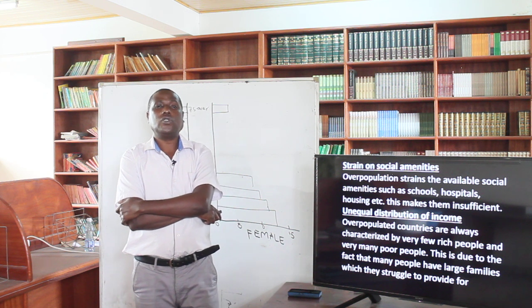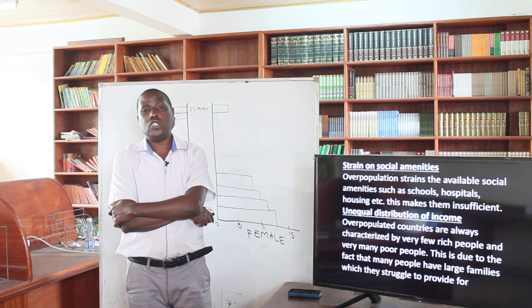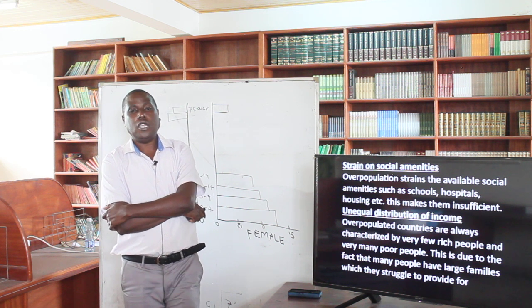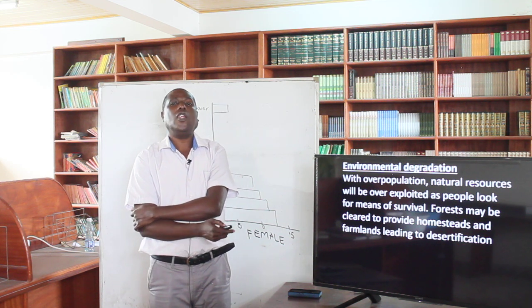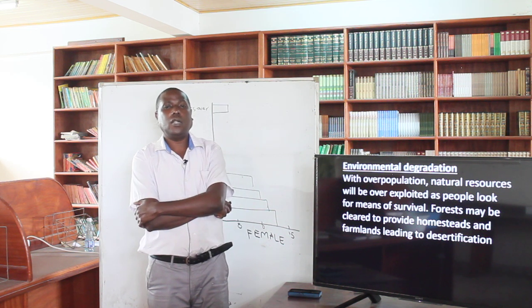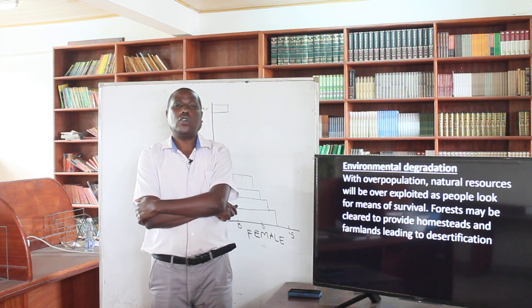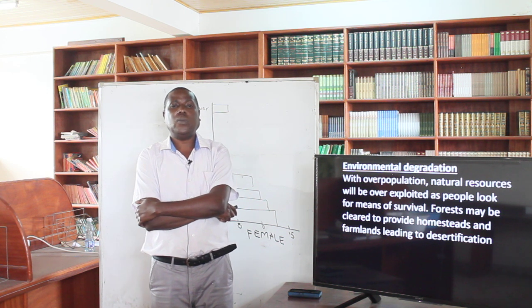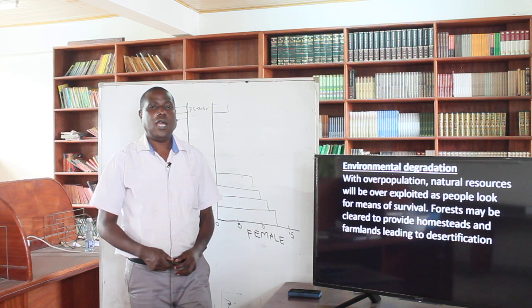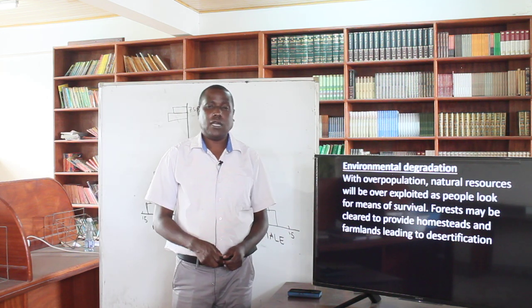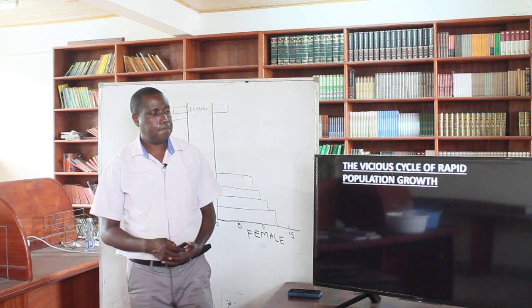There's an unequal distribution of income, right, where few people may have a lot of income, whereas the majority have very low levels of income. Then also there will be environmental degradation. With overpopulation, natural resources will be overexploited as people look for means of survival, right? People want to set up homesteads, and therefore forests are going to be cut down, which leads to desertification.